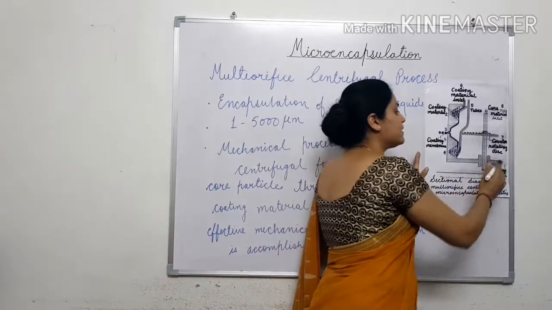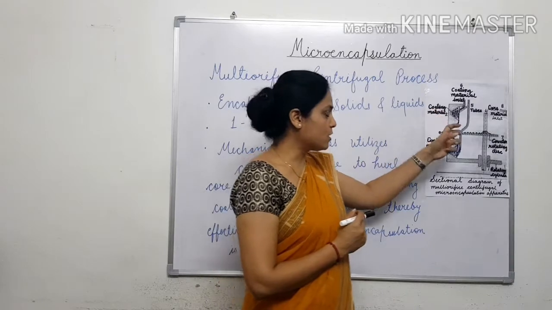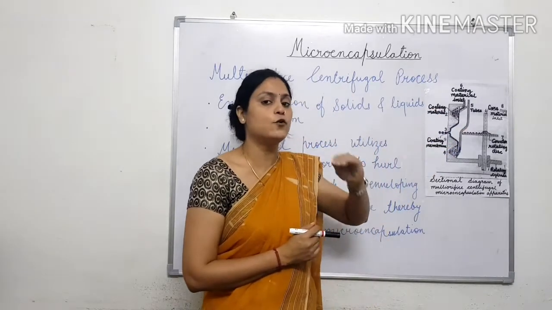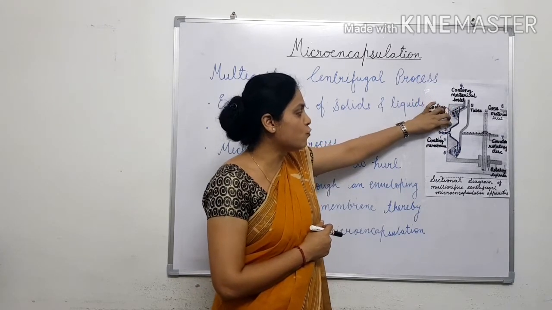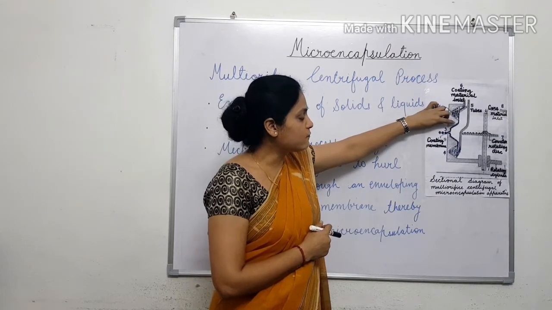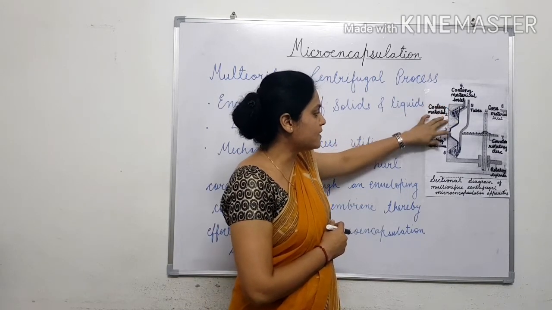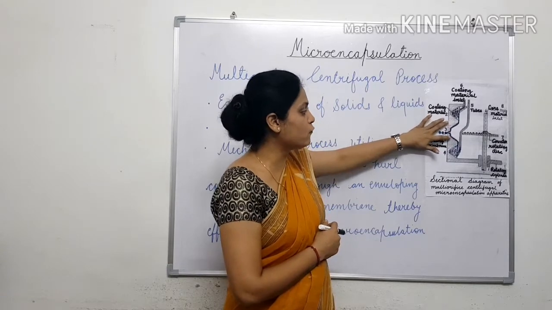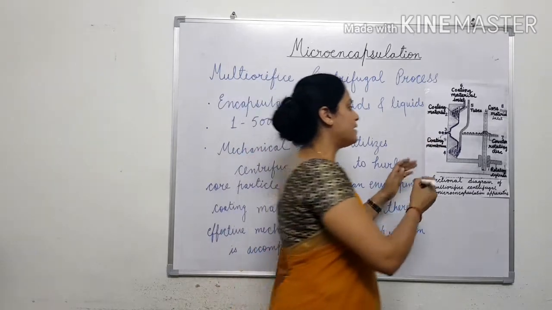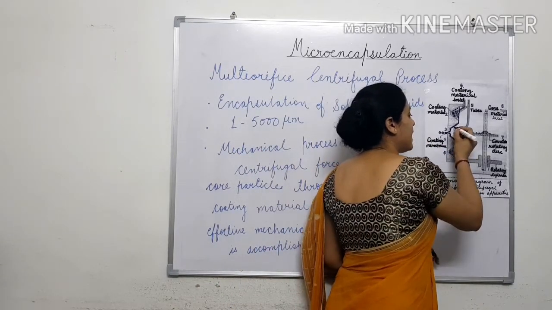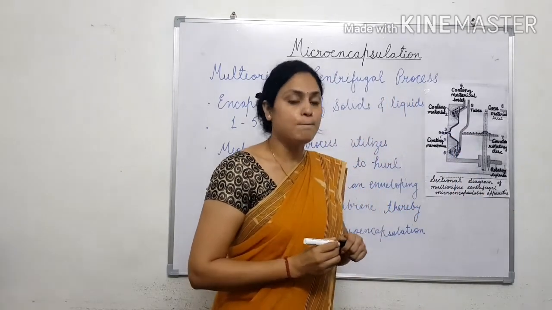Because this cylinder is continuously rotating, the centrifugal force generated moves the coating material outside, and it forms a coating membrane in the middle central groove number 3.